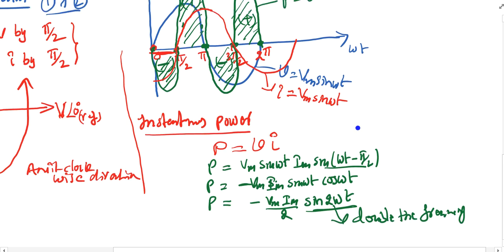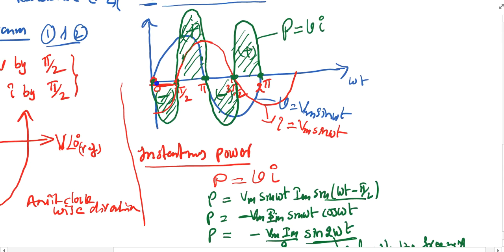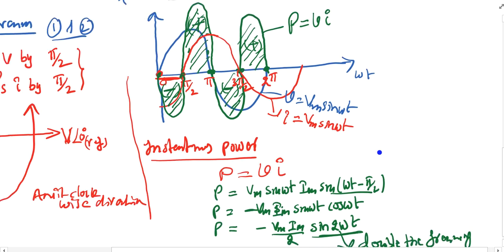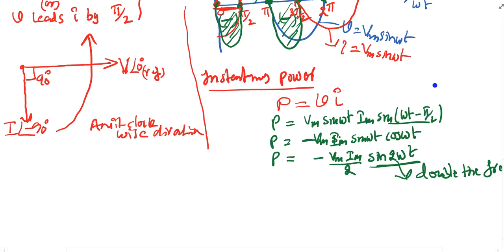If you observe here, suppose my fundamental voltage sine wave is only completing the half cycle, within this half cycle my instantaneous power has completed one cycle. Suppose you take a complete cycle of the sinusoidal voltage or current waveform, in this one cycle my instantaneous power completes two cycles. That is called double the frequency.